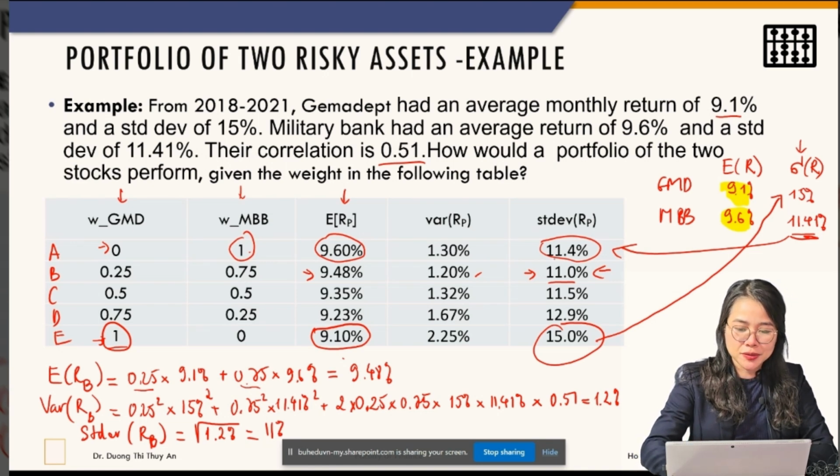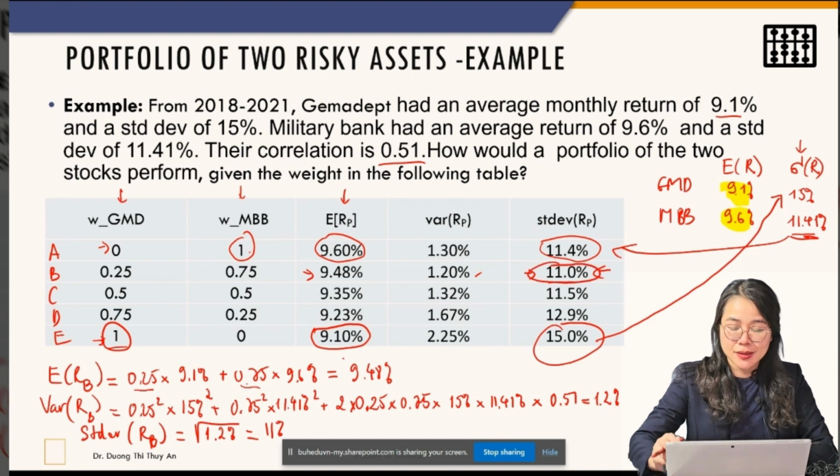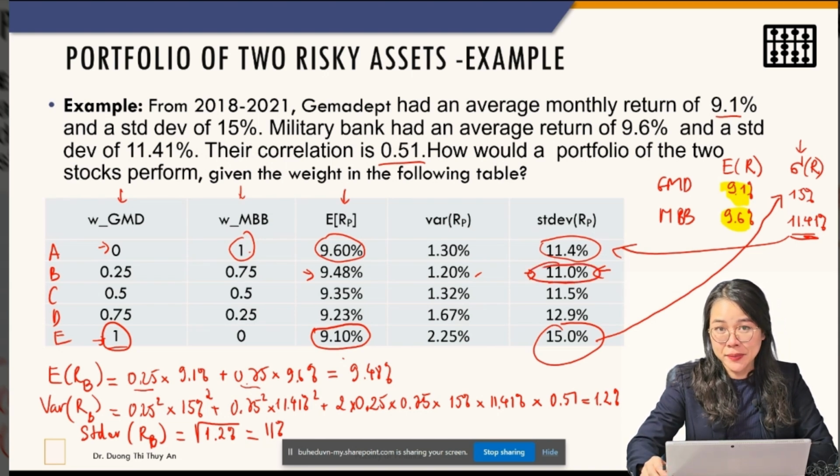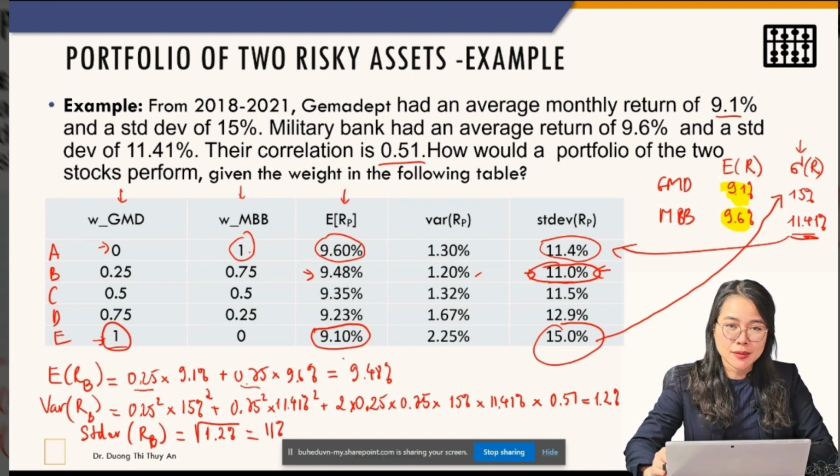This portfolio. Do you find that amazing? And the guy who discovered this won the Nobel Prize. Harry Markowitz, 1952, with modern portfolio theory.